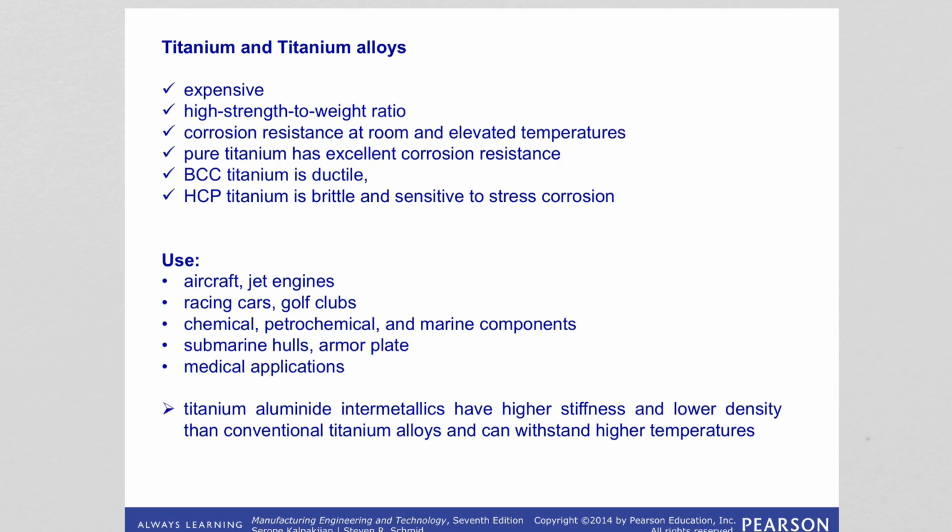And there are intermetallic compounds like aluminides, such as titanium aluminide. Remember, these are intermetallic compounds that react at certain ratios of the elements. This one has high stiffness, lower density than conventional titanium alloys, and can withstand higher temperatures.